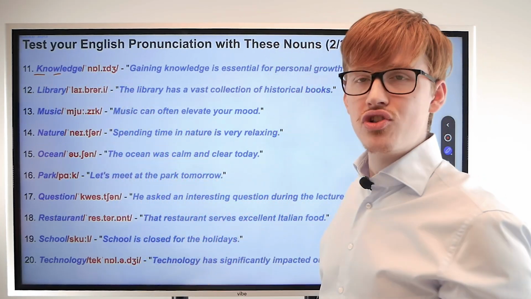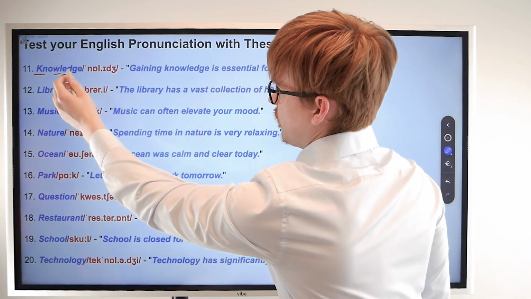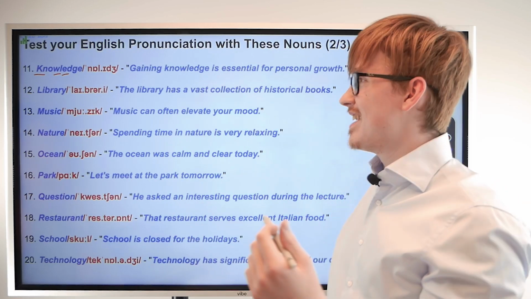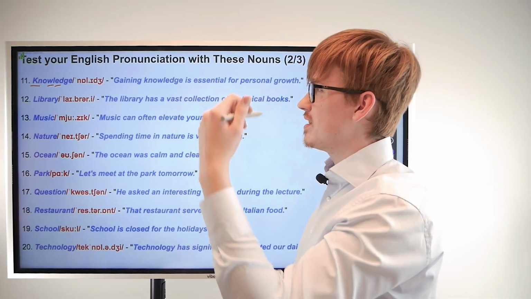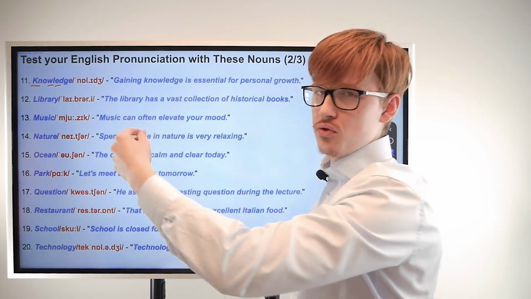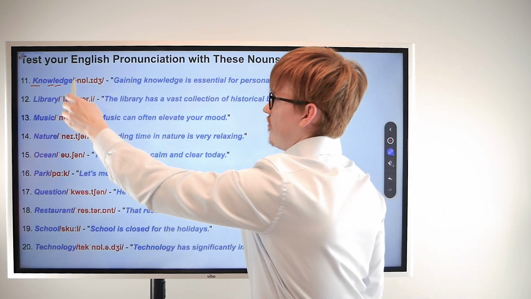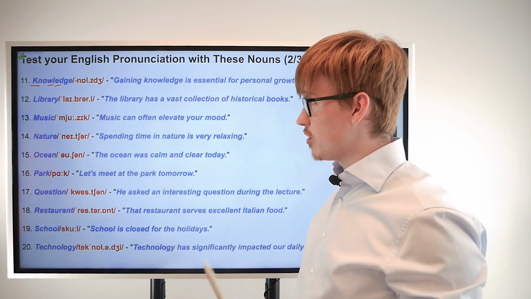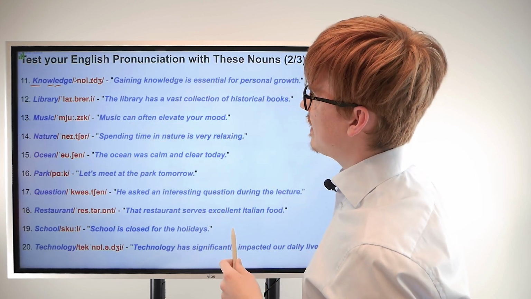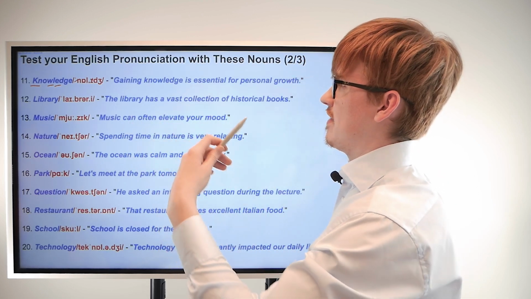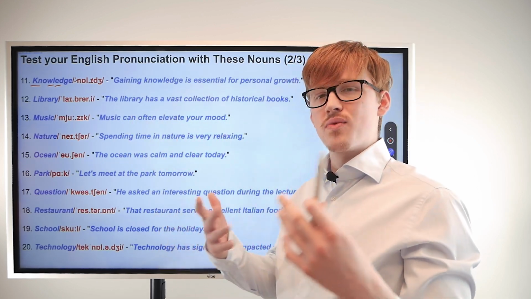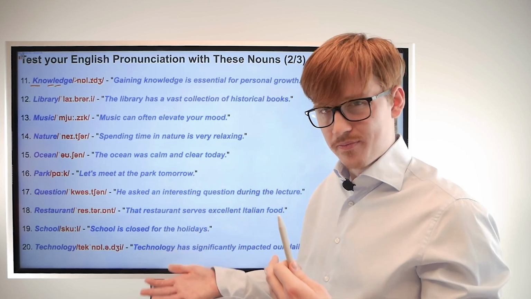We don't pronounce it the way it's spelled, and we don't even pronounce the ED. It's an I. It's better to look over at the phonetic transcription here and realize that our first syllable is our stress syllable, nol, and then the second part is our less stressed one, which is lidge. Knowledge.